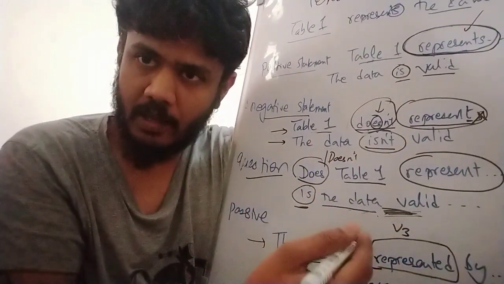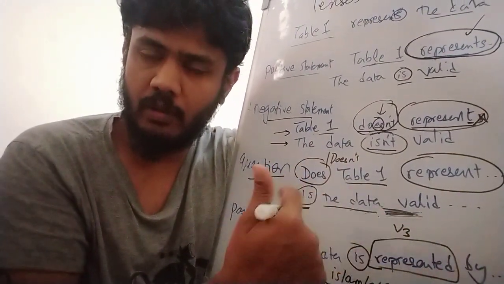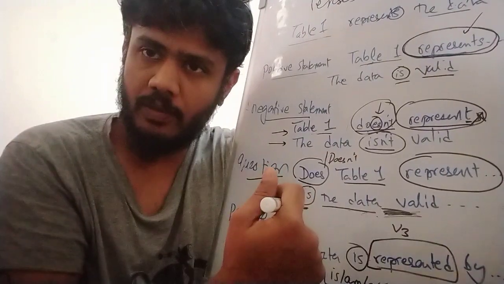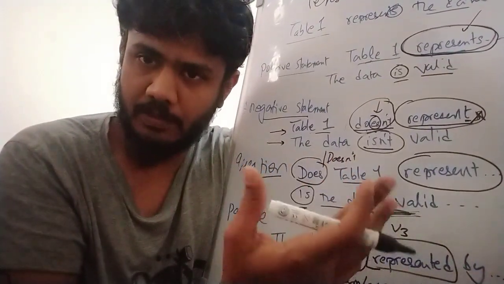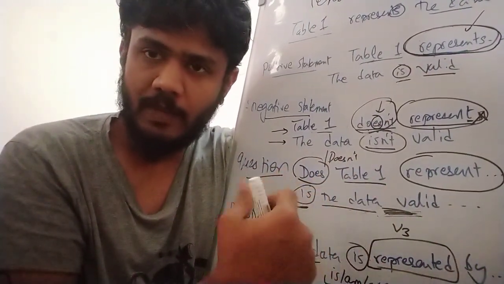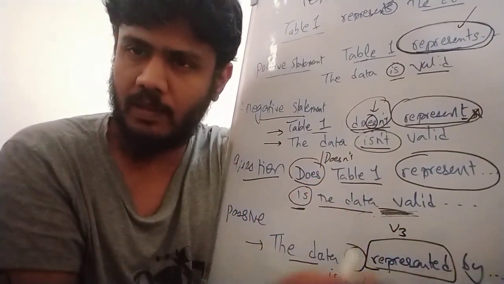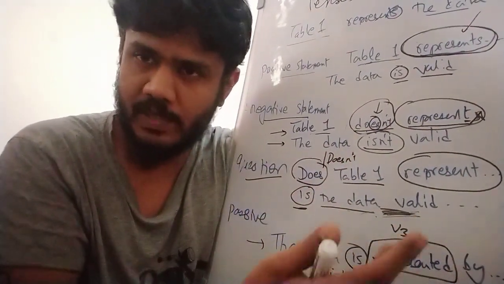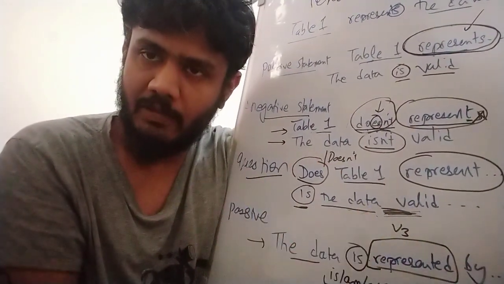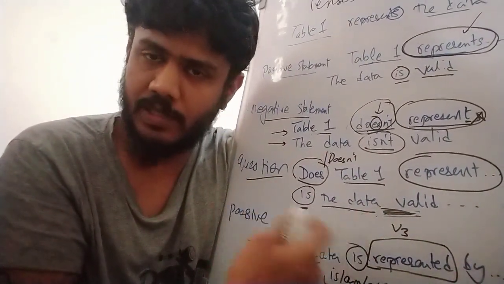I'm going to make one video tomorrow with the past and the present perfect, and then I will share that with you. So today we have an evaluation. I think by the time you receive this video, you would have received the email, you would have attempted the evaluation. So just keep doing that.